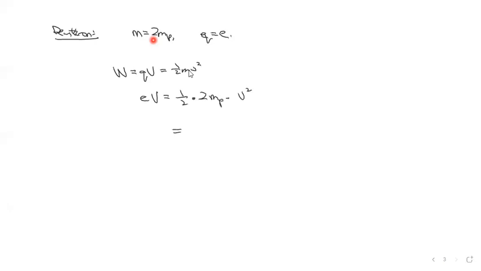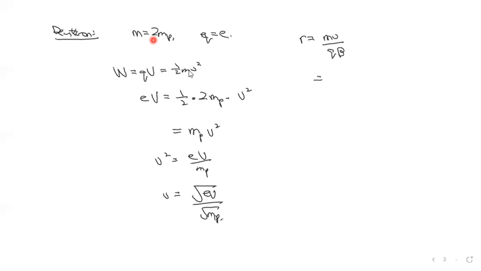So this is actually just going to be m_p v squared. So that means your v squared will equal eV over m_p, where v must equal the square root of eV over m_p. Now we know that the radius equals mv over qB.